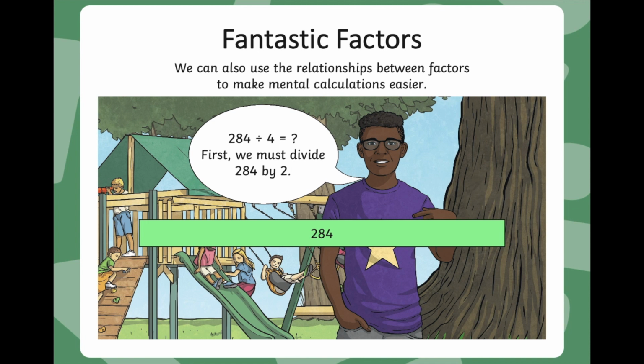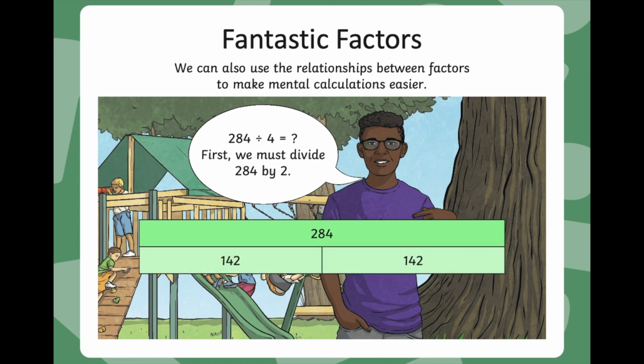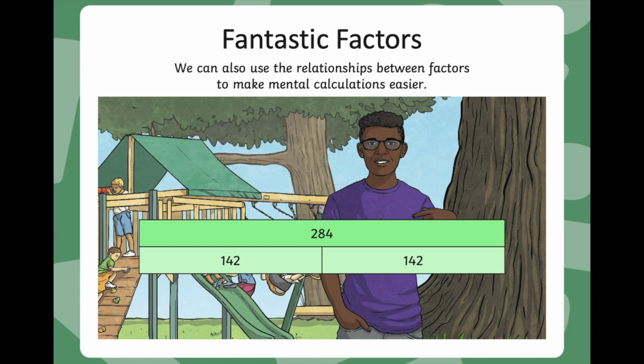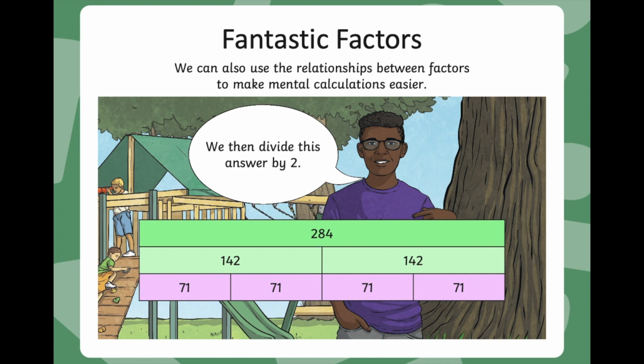284 divided by 4. Well, first we must divide 284 by 2. That is 142. Two groups of 142 make 284. We then divide this answer by 2. 142 divided by 2 equals 71. So there are 4 groups of 71 that go into 284.